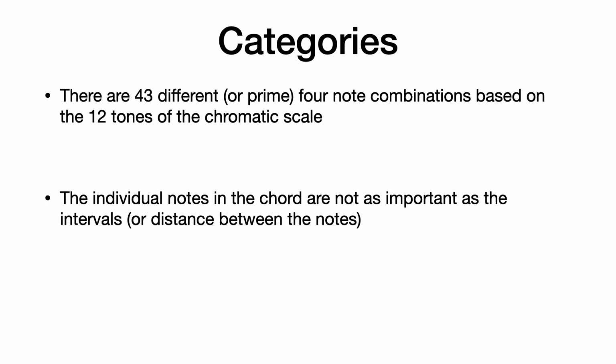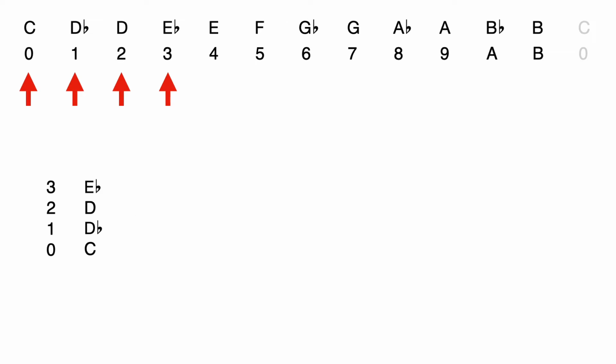So quickly, I understood that the individual notes in the chord are not as important as the intervals, or distance, between the notes in the chordal structure. So let's go back to this original 0, 1, 2, 3 structure: C, D flat, D, and E flat.